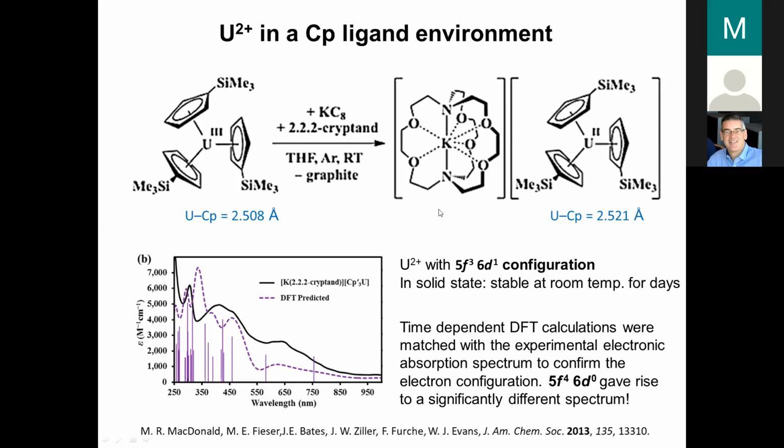The purpose of this is to prevent any contact interaction between the potassium and the uranium that would perturb the electronic structure.